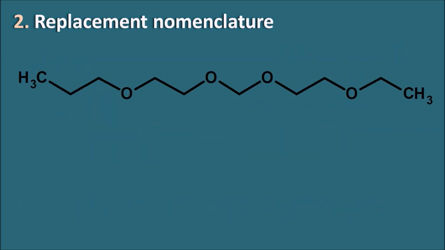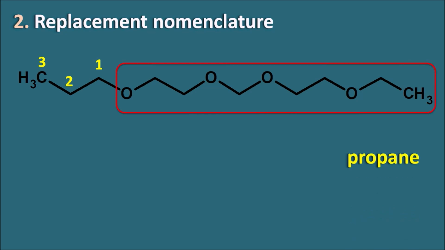Now let us go with another structure. How can we give the name for this compound? If we try the substitutive nomenclature, we have to select the longest chain. So here you can observe this is the longest chain 1, 2, 3, and remaining are having either 2 carbons or 1 carbon. So this is the longest chain, so it can be represented as propane. Now this propane is attached to a long side chain, and we have to give the name for this side chain.